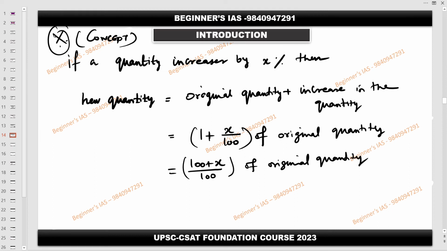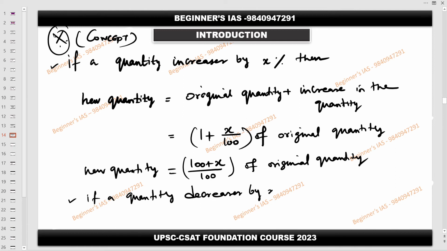Now suppose decrease means subtract, so minus will be there. Understanding? So this is one concept, this is second. If your quantity decreases by x percentage, decrease means automatically a negative sign will come.